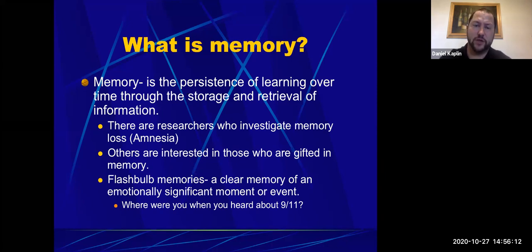So some researchers are interested in memory loss, so amnesia, and there are different types of amnesia. If you were to think about anterograde amnesia, that's the inability to remember new things or things in front of you, the inability to store new memories.